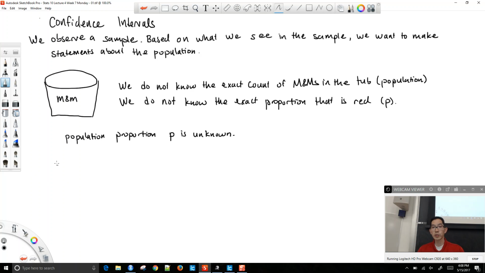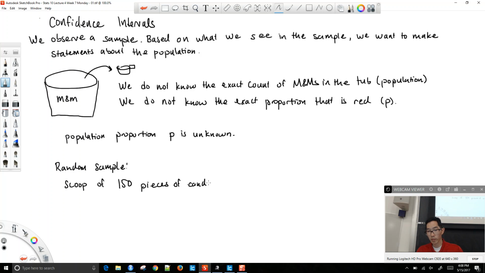Okay, and what we do is we take a random sample, and in this case we take a scoop out of here. We say we get a scoop of 150 pieces of candy, and we'll say that we count 28 red pieces of candy.